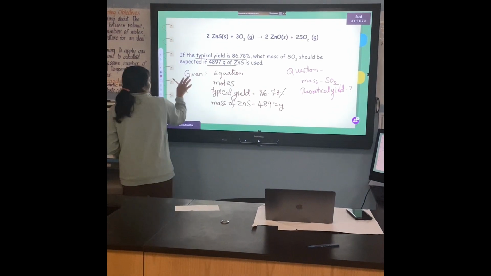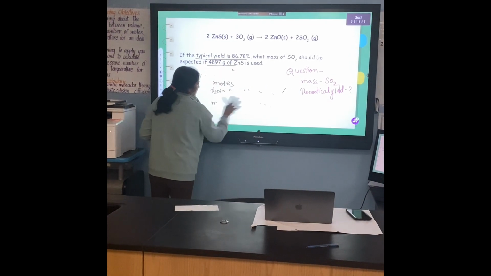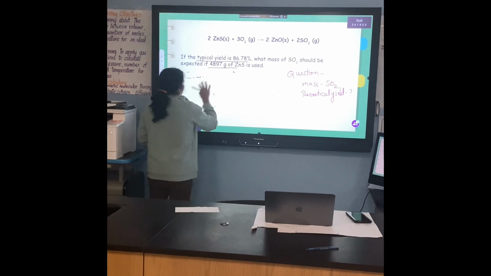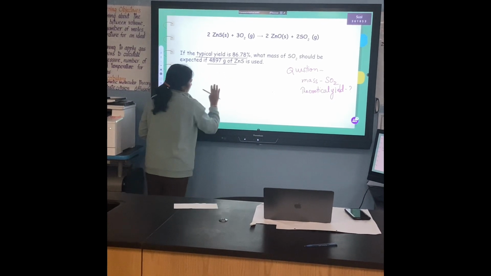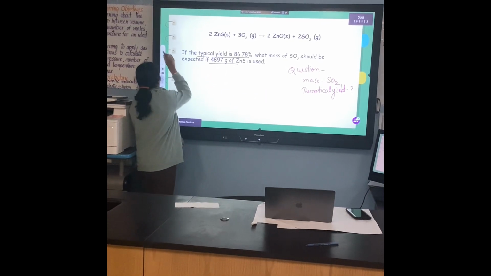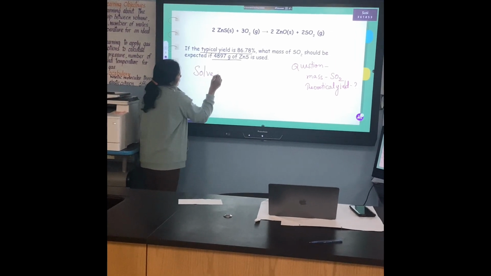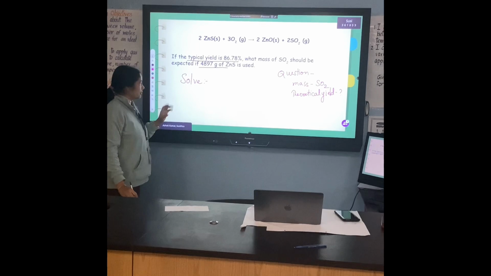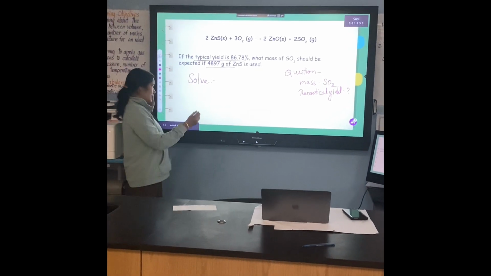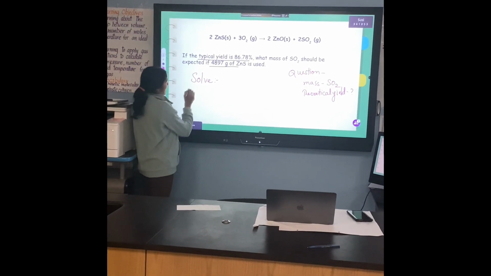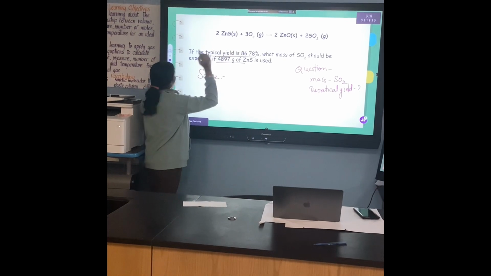Solve. So we will now have to solve the equation and find out the answer. First, what is given, what is asked? Here we need to write at the top.